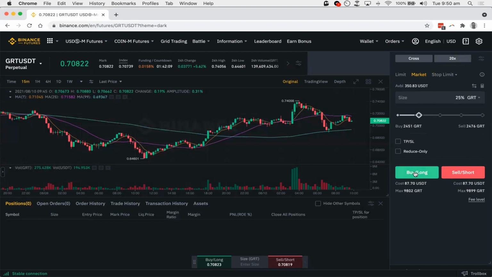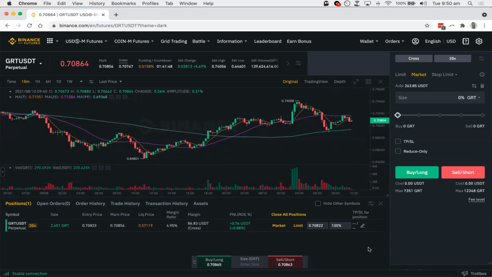I'm just going to pop the buy, and the order is submitted. The order has gone to market, and it's filled straight away. Now you can set a limit trade if you would prefer to wait for it to hit that 0.71. I normally trade market. I like to ensure that the actual trade has been executed.